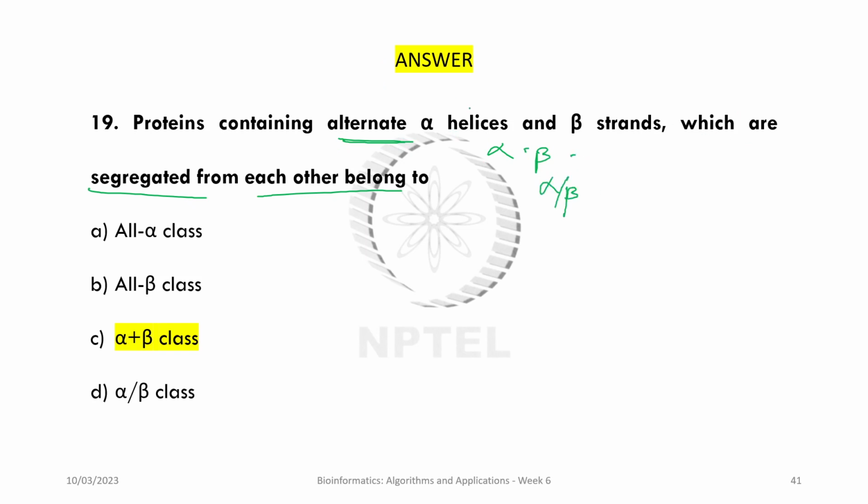But then this is also alternating, right? You're having alternating alpha helices and beta strands segregated from each other. So that's where this comes in, it takes precedence over alternating, because anyway you have both alpha and beta, and there's nothing else.